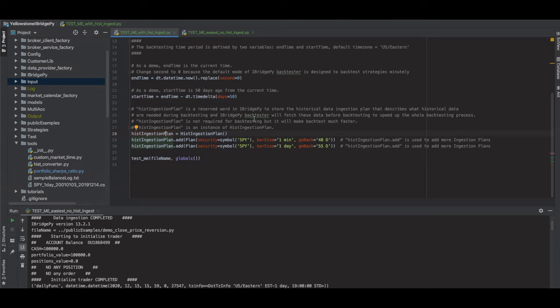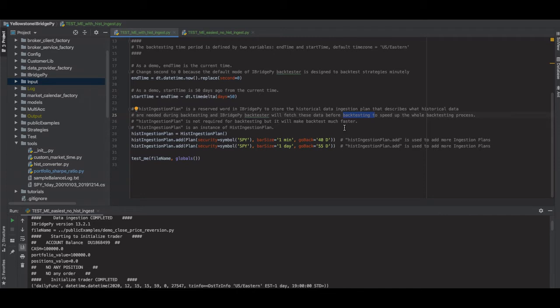And the IBridgePy backtester will fetch this data before backtesting to speed up the whole backtesting process, which means IBridgePy gets this historical data and saves it into the computer cache and uses it for backtesting.